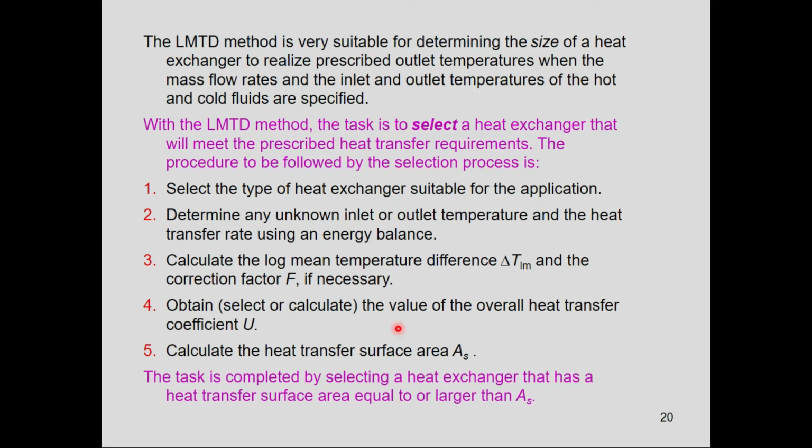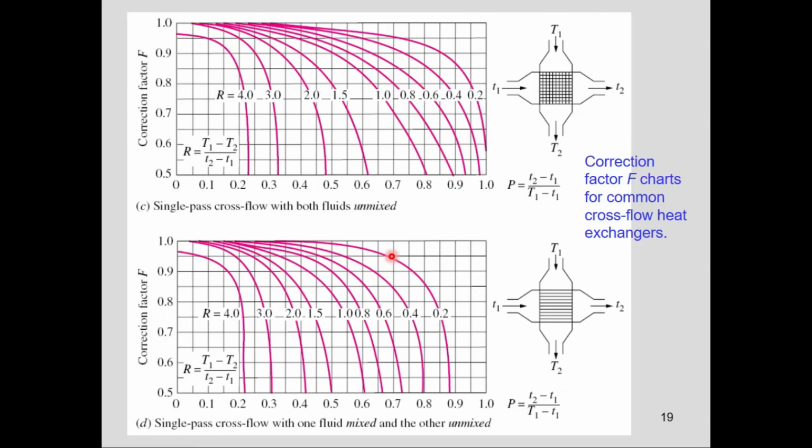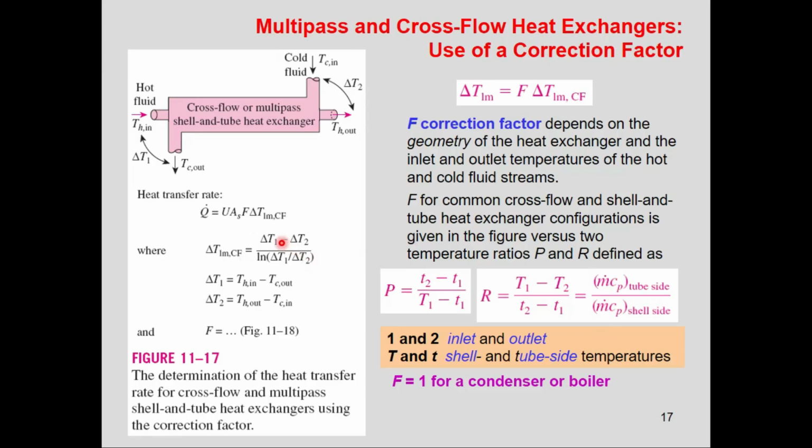So the task is completed by selecting a heat exchanger that has a heat transfer surface area equal to or larger than AS. Once you have the value of AS, you will select a particular heat exchanger which will meet your requirements. All these steps are applied on this formula that I have already shown you over here, right? This is the heat transfer rate, which is determined by the energy balance, and this is the overall heat transfer coefficient, which you either have to calculate or determine, and this is the log mean temperature difference.